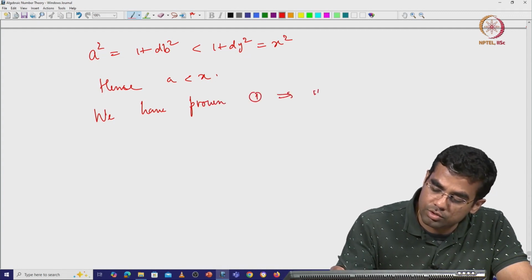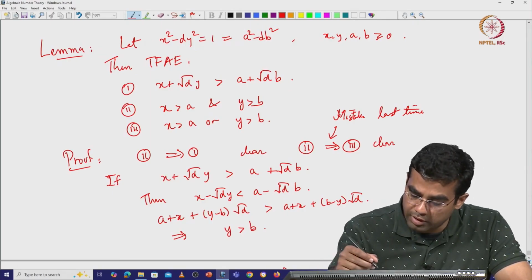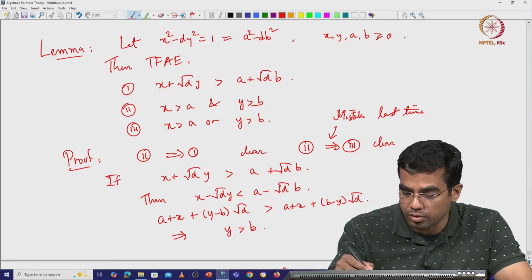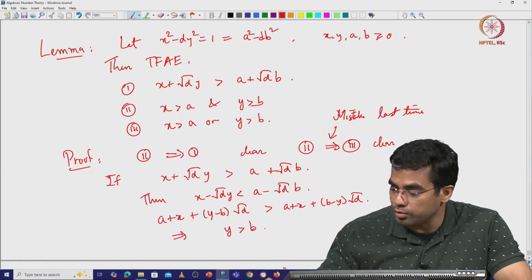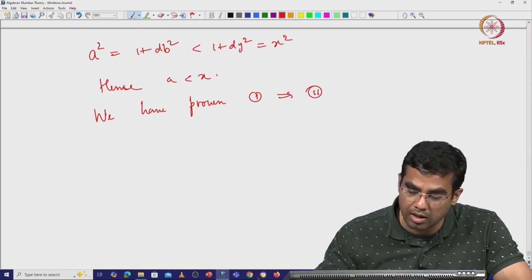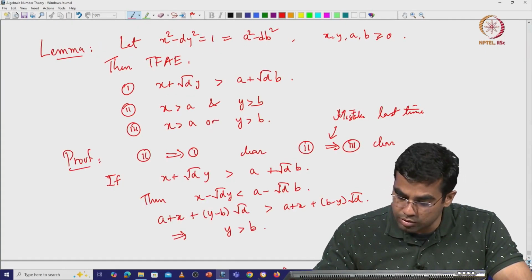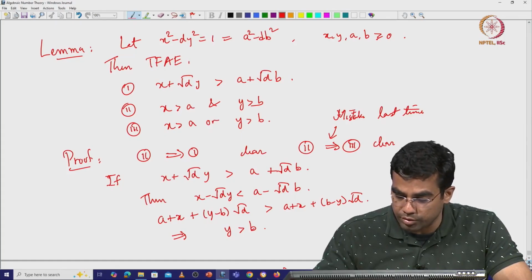So, we have proven 1 implies 2, because I assumed that x plus square root of d y is bigger than a plus square root of d b, and I have proven that y is bigger than b and x is bigger than a. So, I have proven 1 implies 2, and so I get that 1 is equivalent to 2.